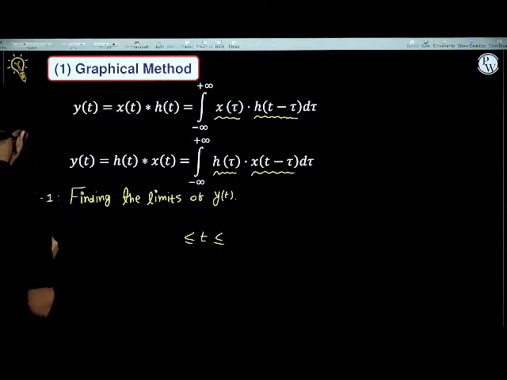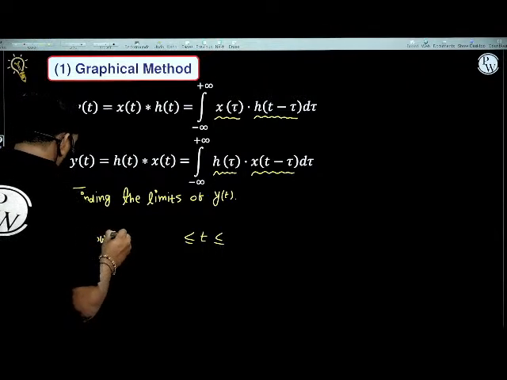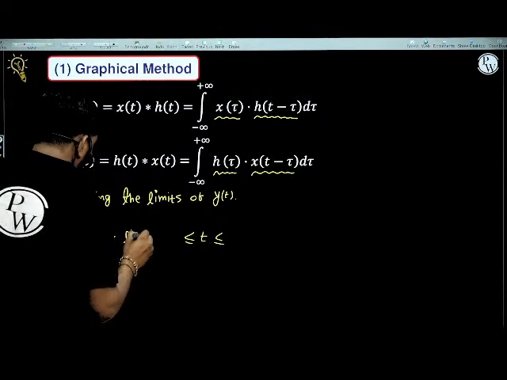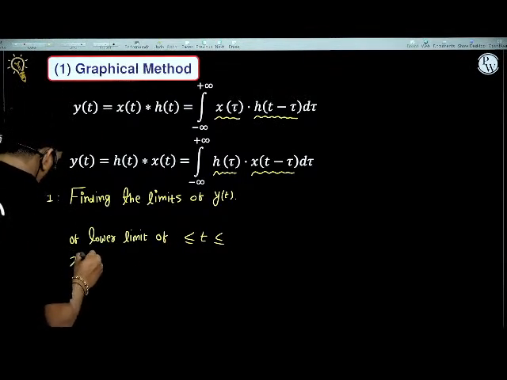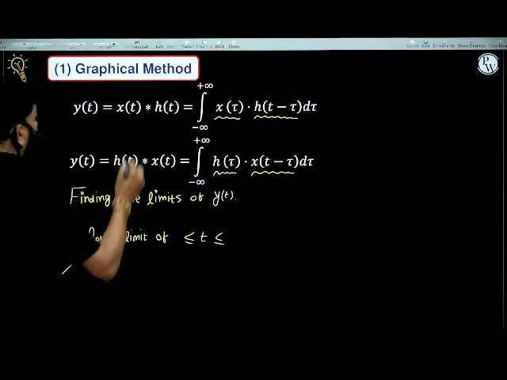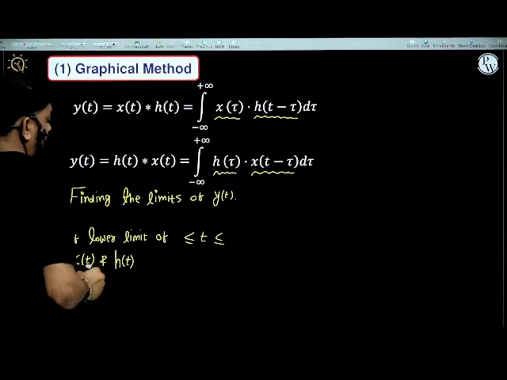So lower limit is the sum of the lower limit of x of t and h of t. Correct? And what is the upper limit?